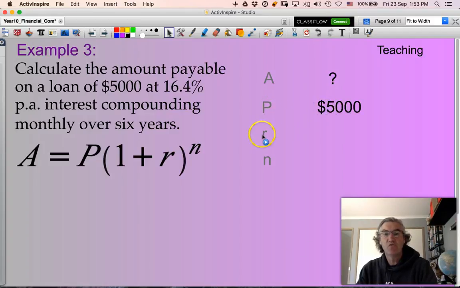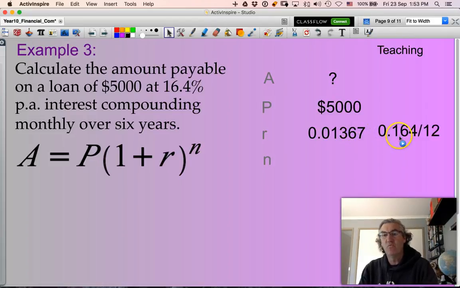Now, the rate, notice this number's getting a little bit small, is 0.0136. Actually, I have rounded this number. It really should be 0.013666667. So it's effectively 0.164, my annual interest rate, divided by 12 because the interest is being calculated every month. And the number of payments will be 72.